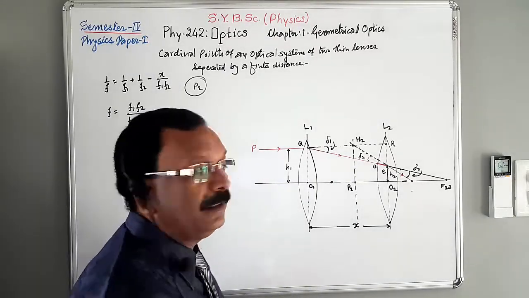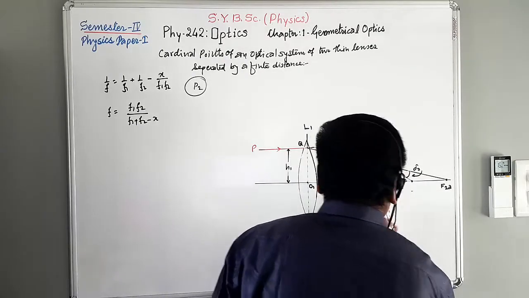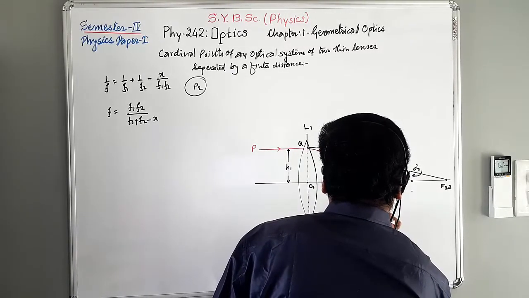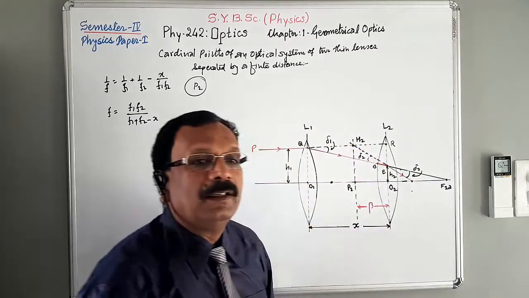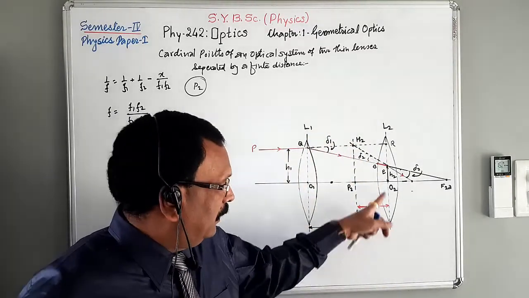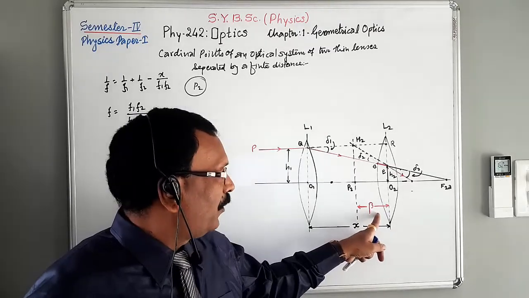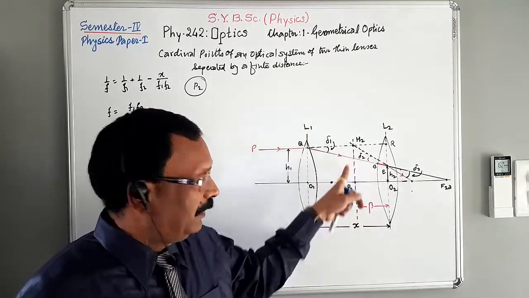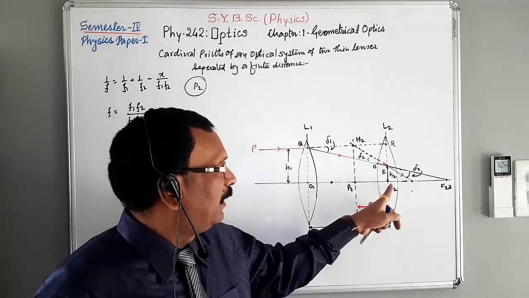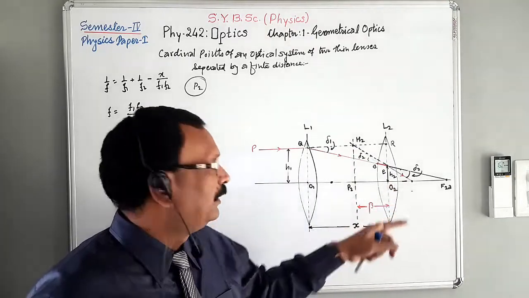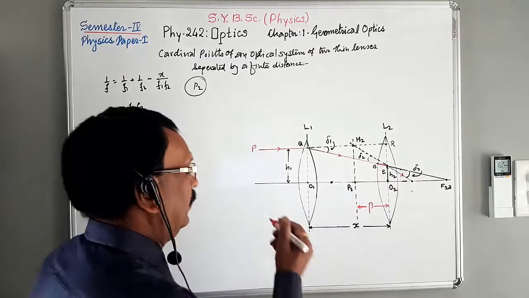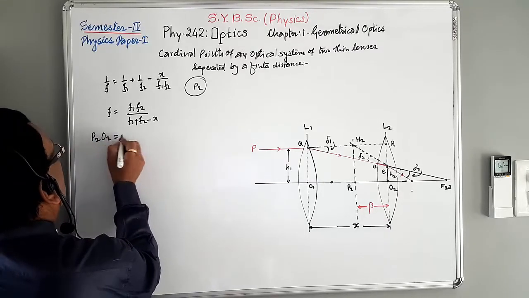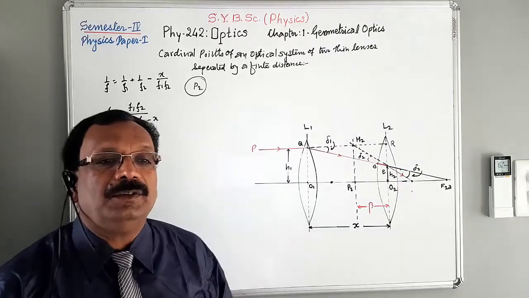In this figure, let beta represent the distance of the second principal point of the equivalent lens, when we place the equivalent lens here, from the second lens L2. That is, P2O2 is equal to beta.